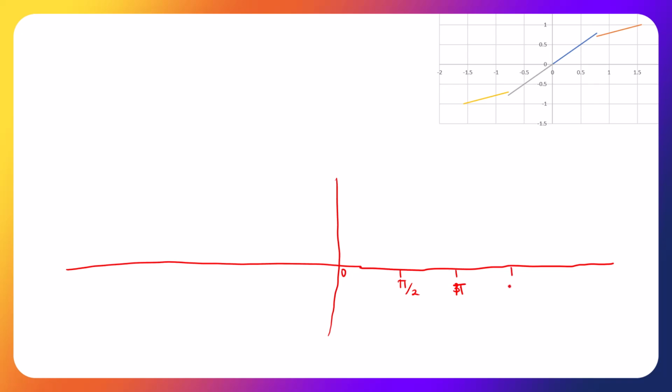This is 3 pi over 2. And say this is 2 pi. Also, we have the same thing on the negative axis. Say this is minus pi over 2.